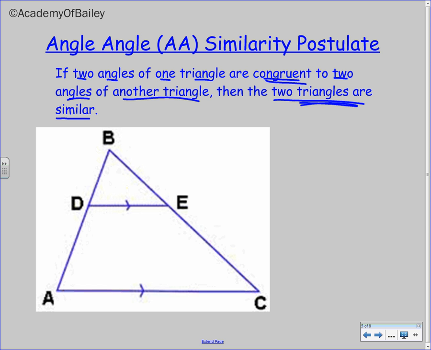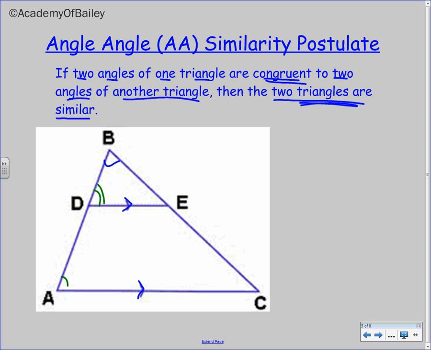So which angles do we have congruent here in this picture? Well, you might want to say angle B is in both of the triangles, the little triangle, and it's also in the large triangle. And what's the other one? Parallel. What's that mean?